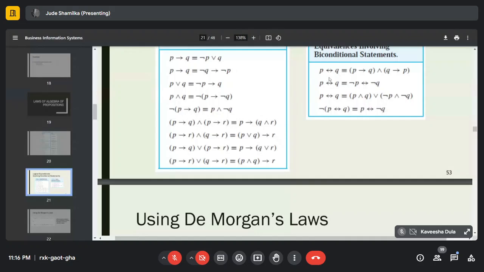P biconditional Q equals P implies Q and Q implies P. Then for P biconditional Q, the same we did here, getting the contrapositive just by negating the two values.